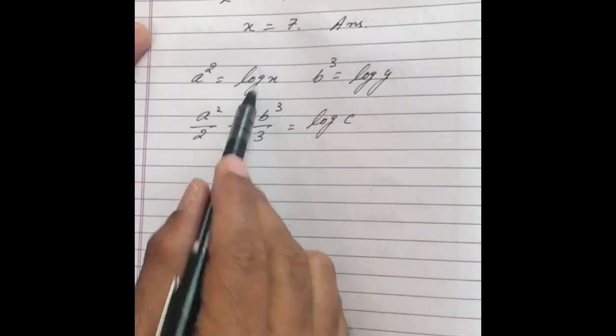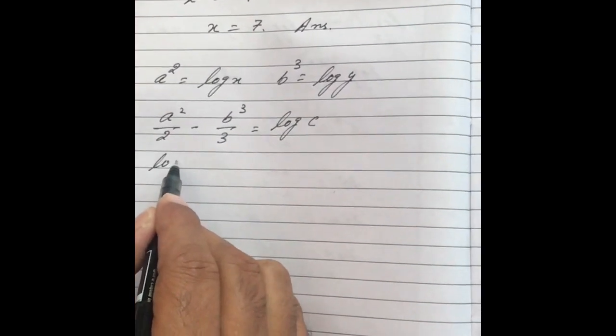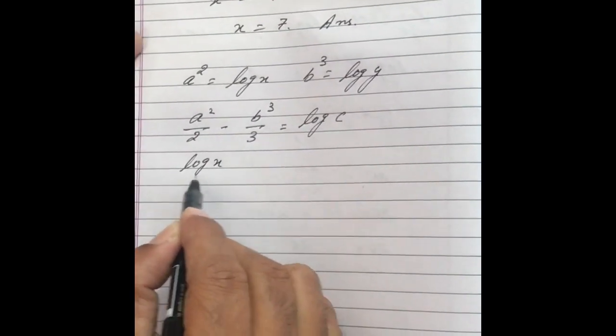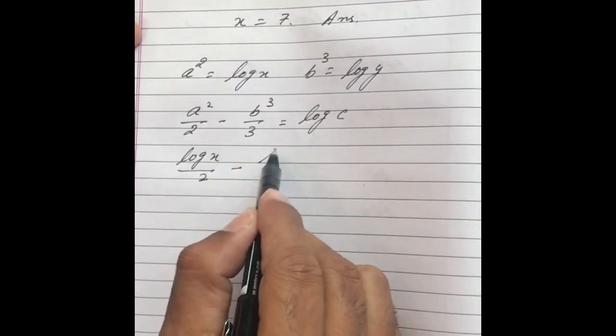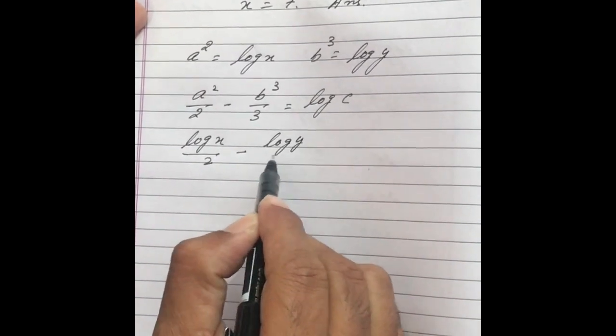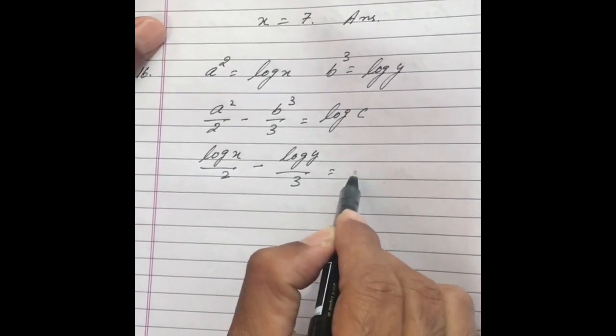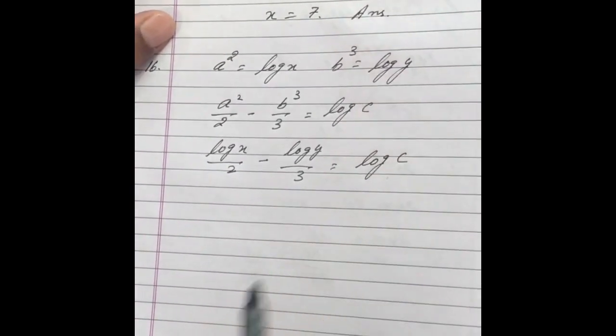Now a square is log x, so log x upon 2. B cube is log y, so log y upon 3 is log c.